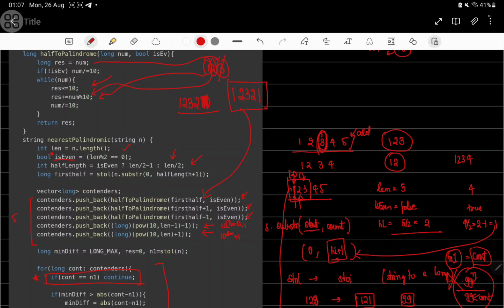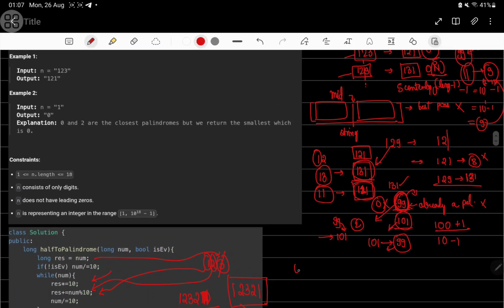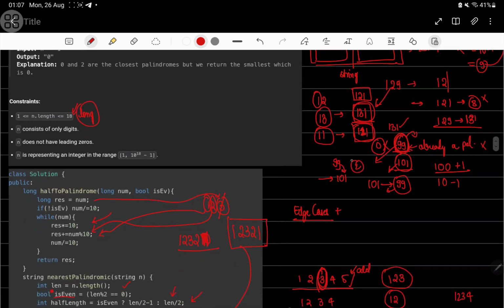So yeah, that was it. It was mainly focused on the edge cases, which in the interview we can miss, plus because this was also long, we can handle this part, right? Edge cases, as well as how efficiently we can make the other half.